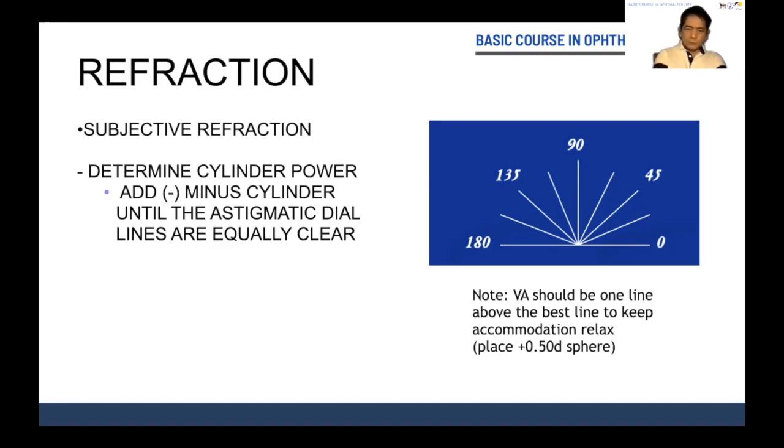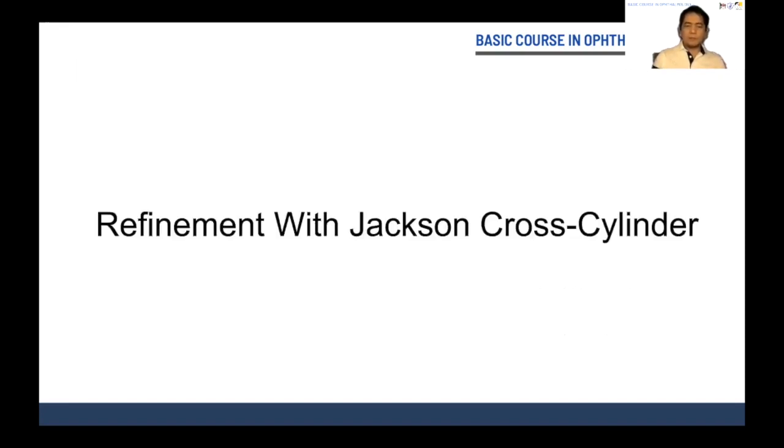All right, so you remove your accommodative lens of plus 0.50. So in the initial example, we have plus 0.50 sphere in combination with minus 0.50 diopter cylinder. Your axis is at 180. So that is now your spherocylindrical component, or the astigmatic correction. After doing everything, we will now proceed with refinement with Jackson cross cylinder.